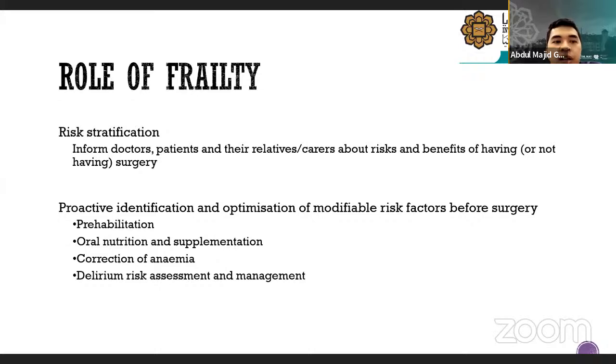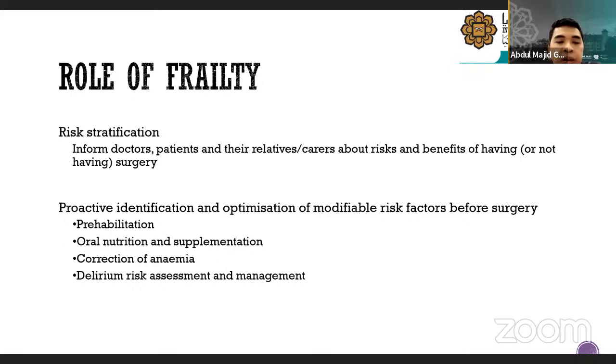So the role of frailty is that we can risk stratify. We can inform the patient of the most probable associated outcome if the patient is going into the surgery itself, and we can proactively identify and optimize the patient and adjust their modifiable risk factors before the surgery. So how do we do that?